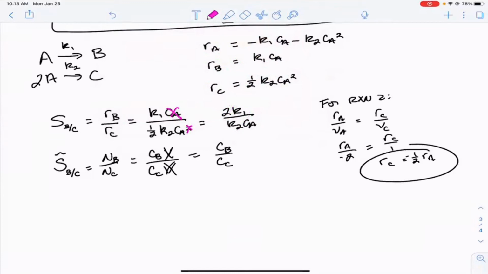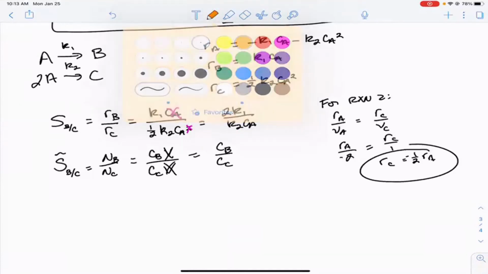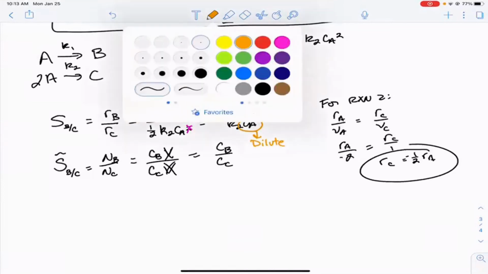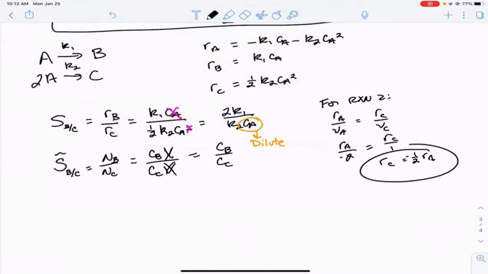But the other thing that we could do that we haven't talked about before is, if we really were interested in the selectivity as a driving factor for the process, we actually could just use a dilute concentration for A, and that would facilitate a much higher selectivity towards B. So that's one interesting thing that we haven't talked about before, having the ability to use the concentration of a reactant to drive yield or selectivity. So anyway, I thought that was kind of interesting.